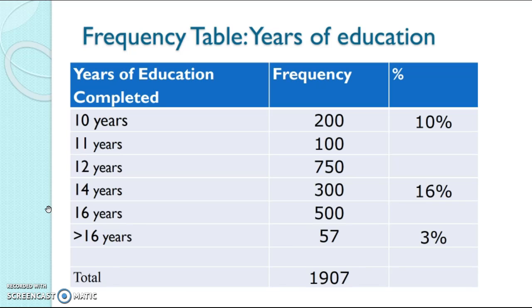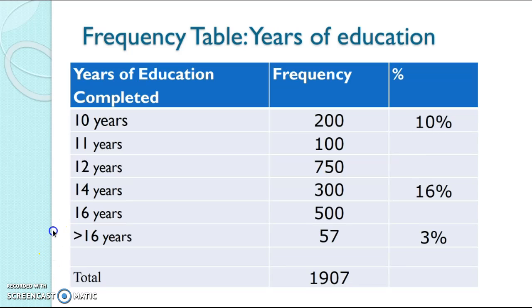So let's say another variable, and we produce a frequency table, is looking at years of education completed, from 10 years to more than 16 years. Take a moment to pause here. How would you fill in the blanks? How would you calculate the percentage that have 11 years of education? And so on.